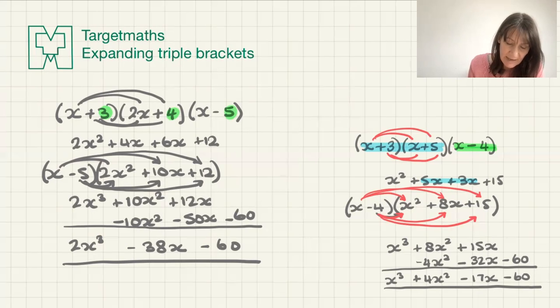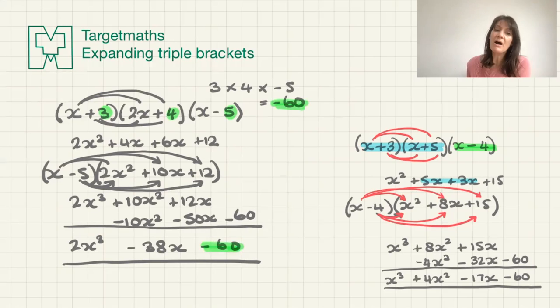If I take into account the signs as well, I have got a positive 3. I'm going to times it with the positive 4, and I'm going to times that with the negative 5. That gives me minus 60. That minus 60 is the last part of my expansion.